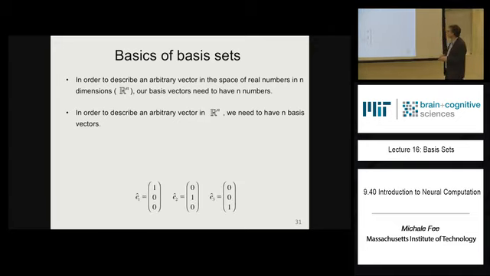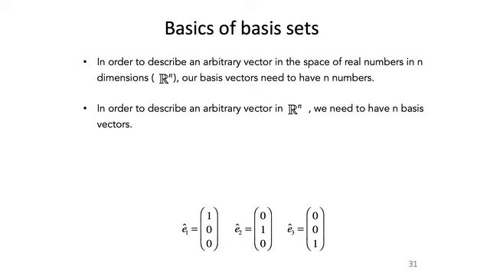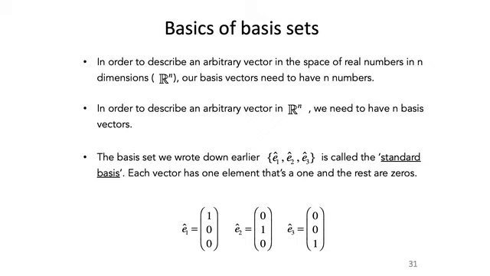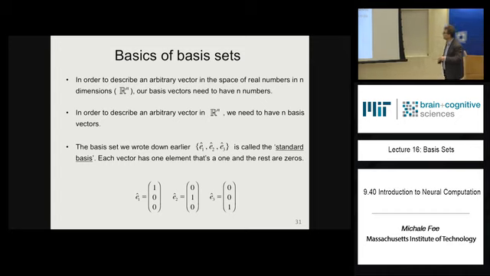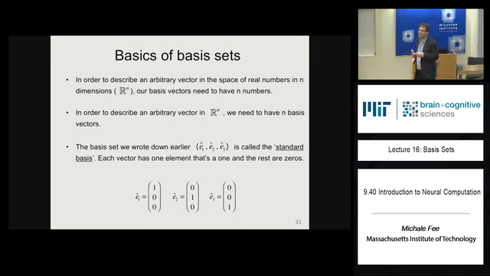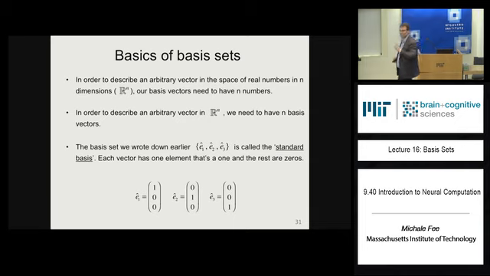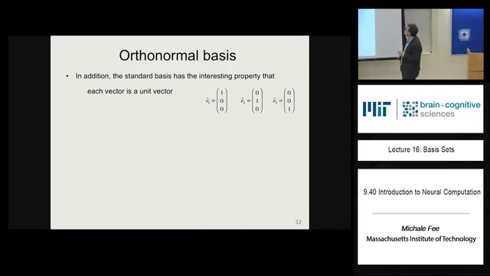Okay? So these vectors here, 1, 0, 0, 0, 1, 0, and 0, 0, 1, are called the standard basis. And each one of these vectors has one element that's 1, and the rest are 0. That's the standard basis.